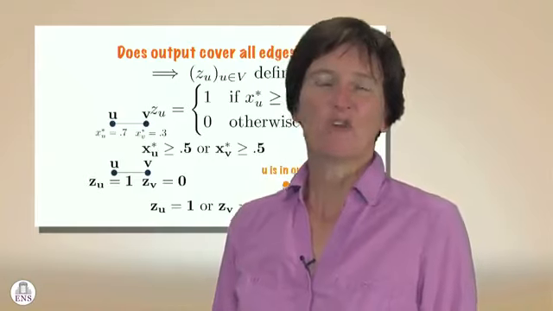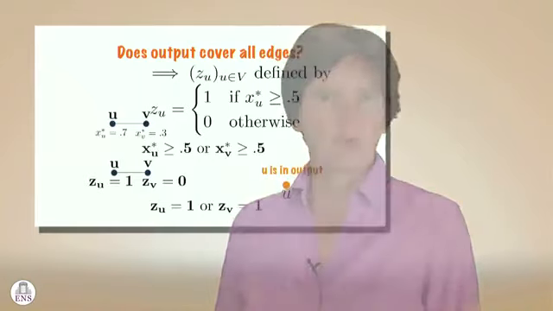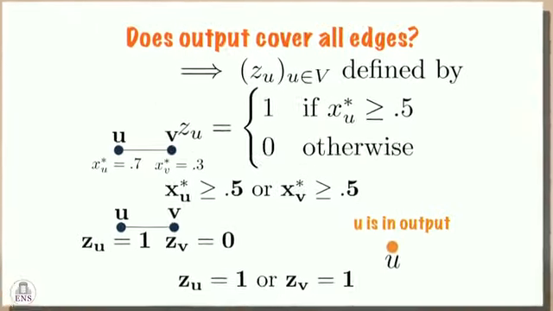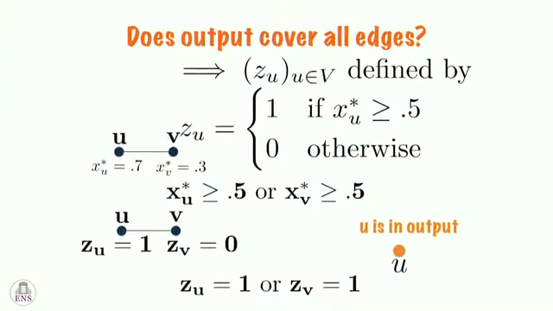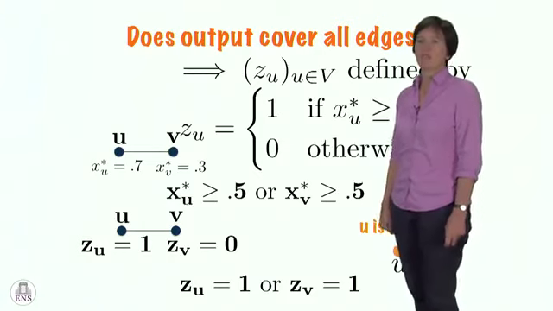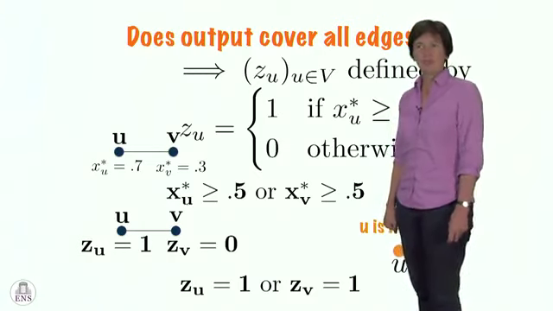Let's look at the definition of z sub u, our choice of integers, our rounding. Z sub u is 1 as soon as variable xu star is at least 0.5. So in the example, xu star is 0.7, xv star is 0.3. This means that zu will be 1, 0.7 is rounded to 1, 0.3 is rounded down to 0.